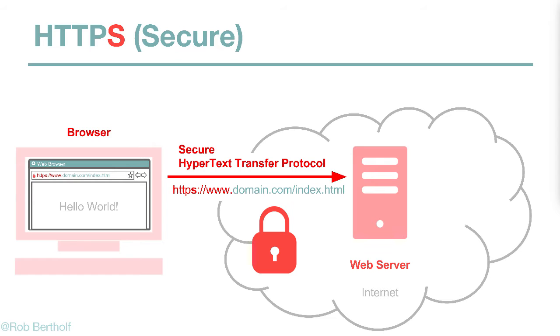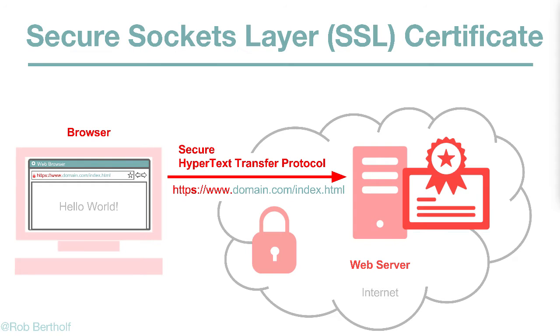So that's what we use the S in HTTPS, or the Secure Hypertext Transfer Protocol. In order to encrypt or secure this connection, we use an SSL certificate. That certificate is really linked between the browser and the server and encrypts the communication. So SSL, or Secure Socket Layer.